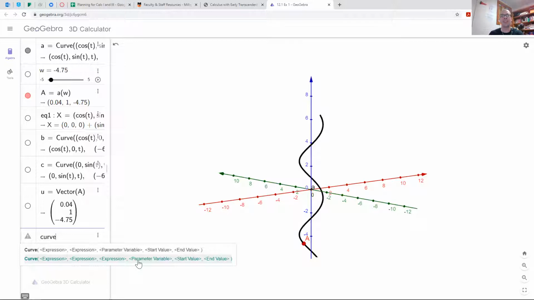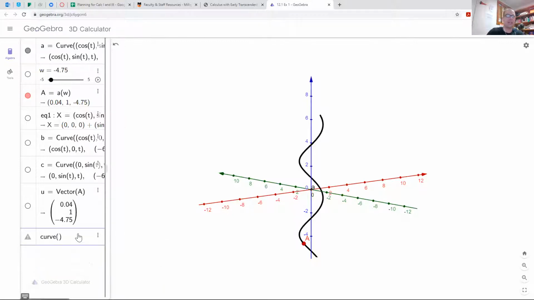Then we have to tell it that we're using t as a parameter, and we give start and end values for t. So the idea here would be cosine of t, comma, sine of t for the y value, comma, t for the z value, then t again, because we're telling it we're using the parameter t, and then I'm just going to go from -7 to 7.